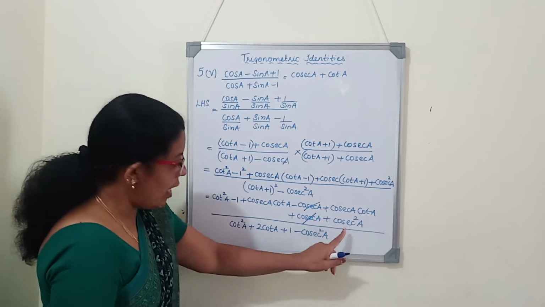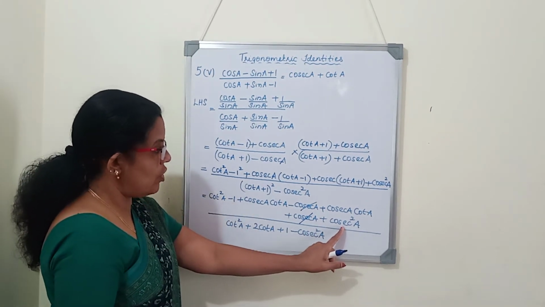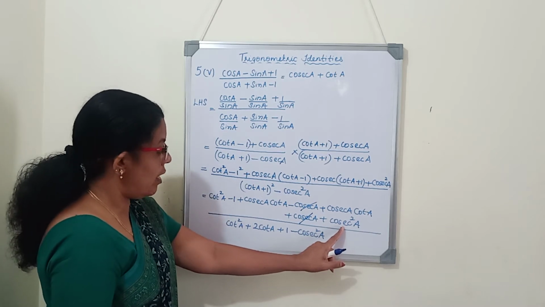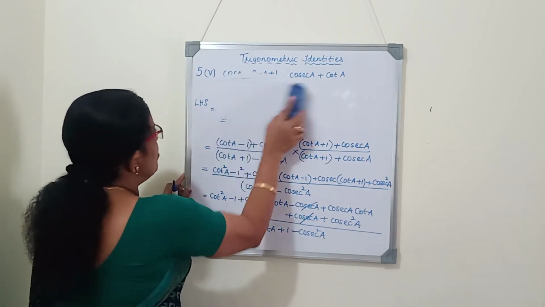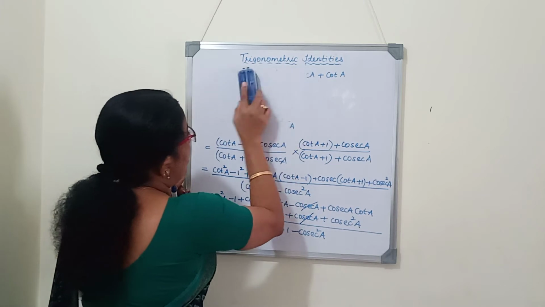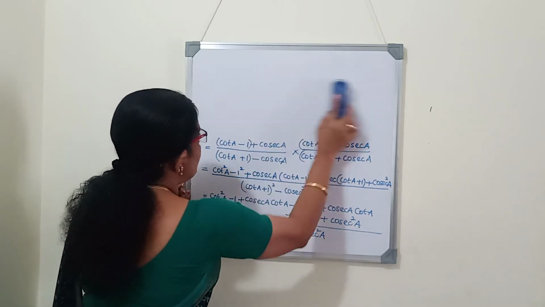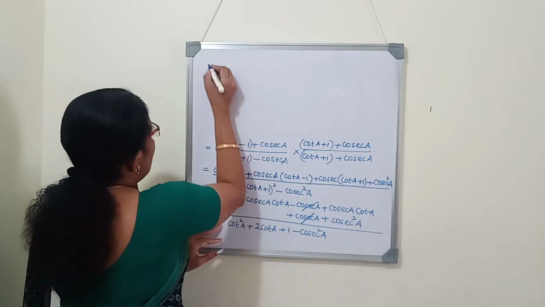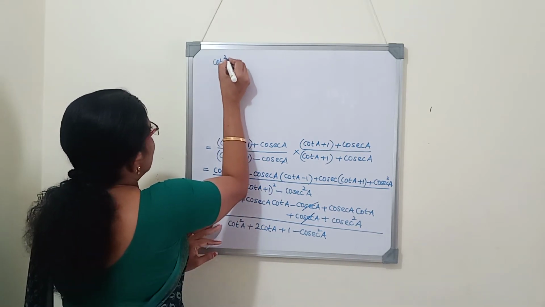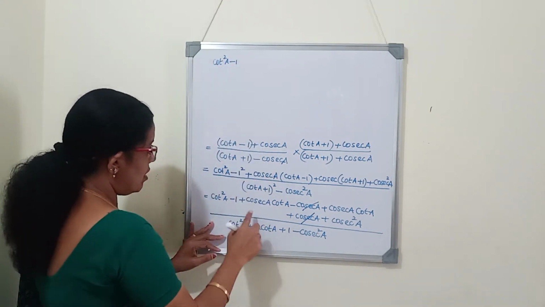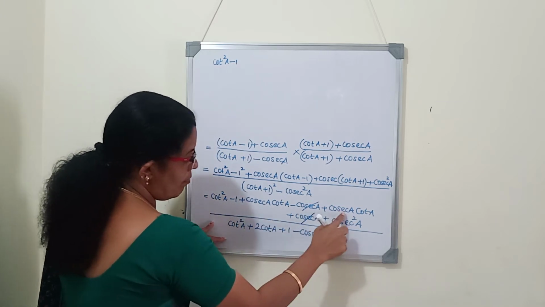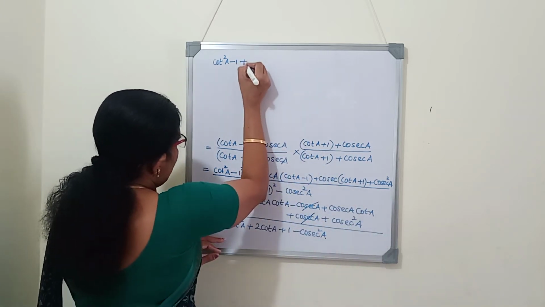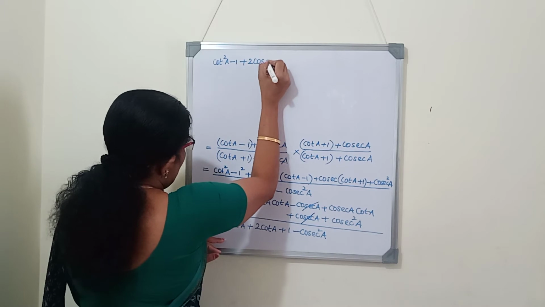Now we can write cosec square. How can we change cosec square a? Cosec square a is 1 plus cot square a. The third identity we will apply now. So we will write cot square a minus 1 as it is, plus cosec a cot a and plus cosec a cot a we will add and write 2 cosec a cot a.